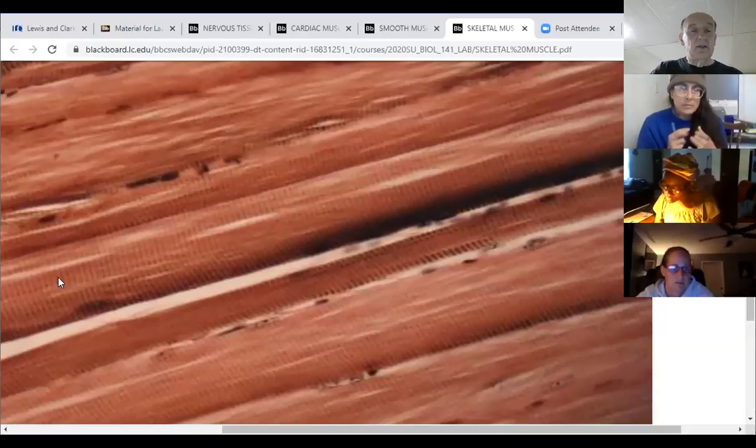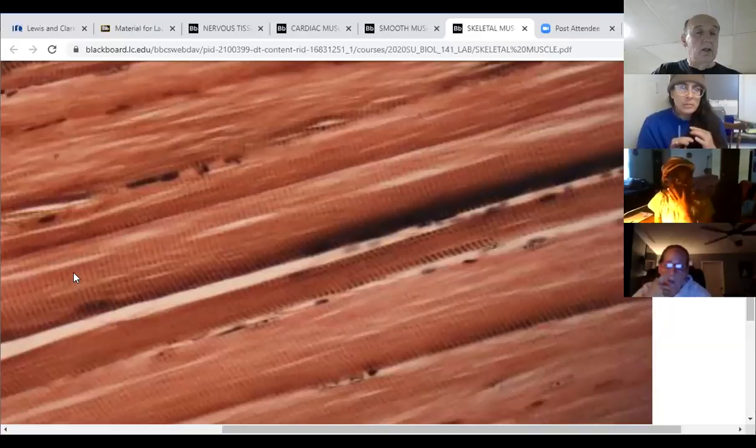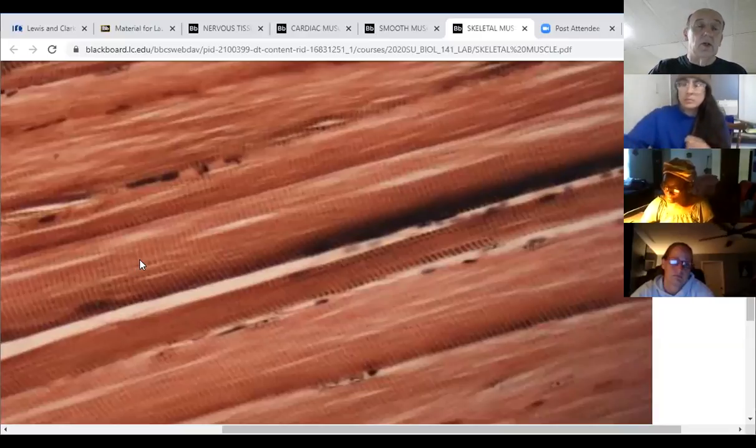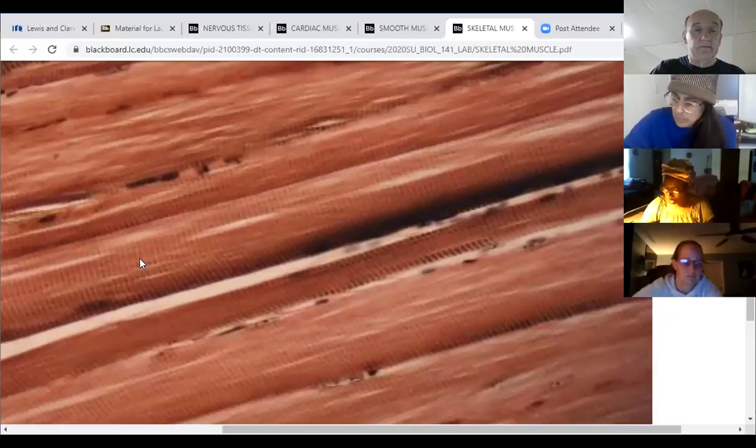Those are the lines representing striations. And again, these are repeated structures inside a muscle cell. It all has to do with contraction. And we'll come back to this in the first muscle lab, just what is forming the striations. So this is the reason why the skeletal muscles are called the striated muscle.